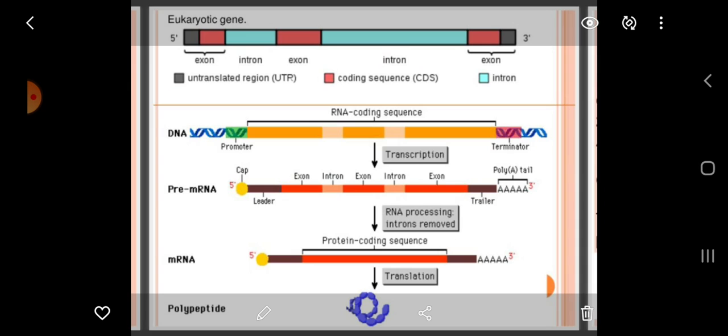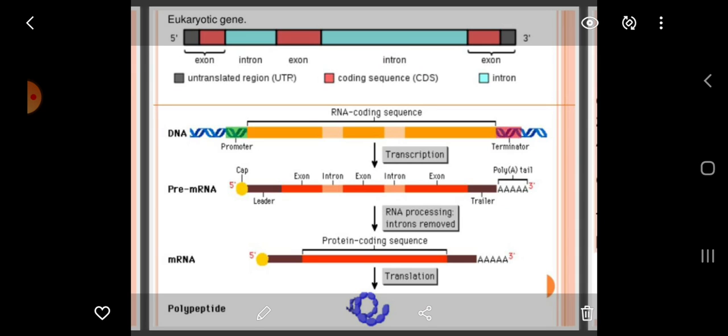Now we come to the actual process of transcription. Here you can see RNA, DNA primer and the promoter region, which is green in color, and then you can see dark orange, light orange, dark orange, light orange, and again dark orange regions of the RNA coding sequence.